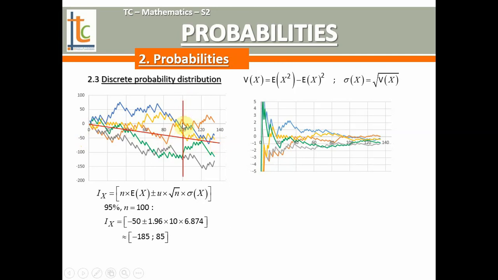But this confidence interval shows you a vertical prediction that tells you that the possible fluctuations of the reality are here, or 95% of the possible fluctuations. We could have established a confidence interval for another value than 100, for example for 80 trials, or 60, or 120, and so on.